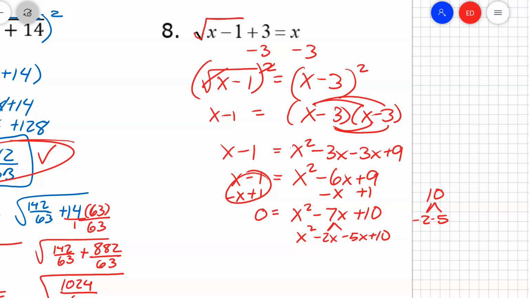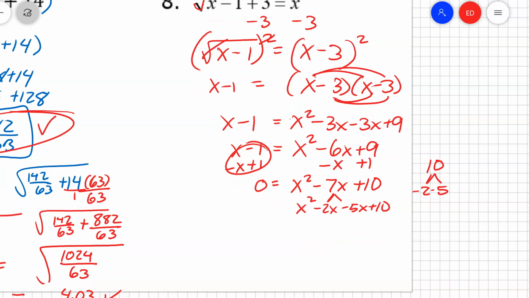And remember, we're going to go ahead and factor by grouping. So go ahead and split the middle. After we split the middle, what can we factor from the first two? Just x, and if we factor x out, we're left with x minus 2. On this side, I noticed that I have a negative in the middle, so I need to factor out a negative number. Both of them have negative 5 in common, so we can go ahead and factor that out.